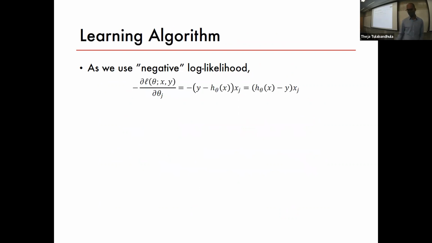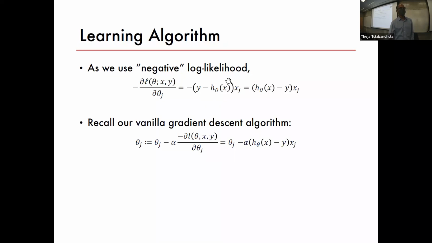So let's look at the negative log likelihood. Negative is just minus times that, so we absorb the minus and just switch the locations of h theta and y.